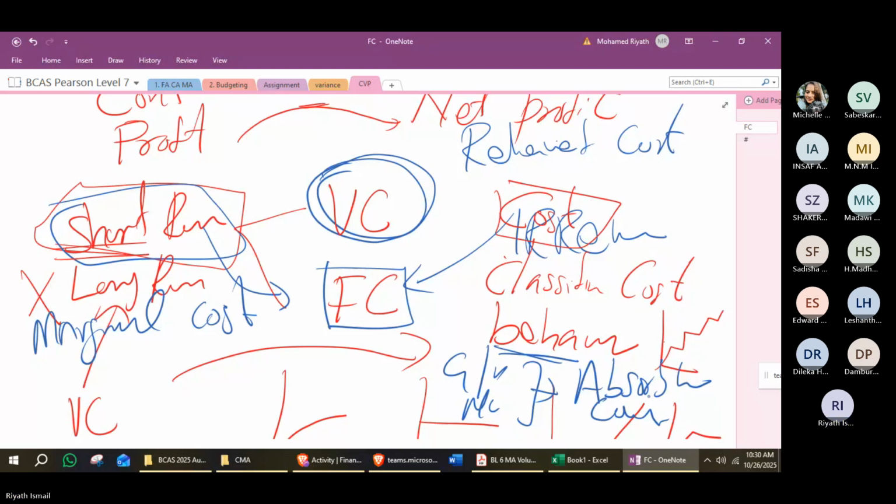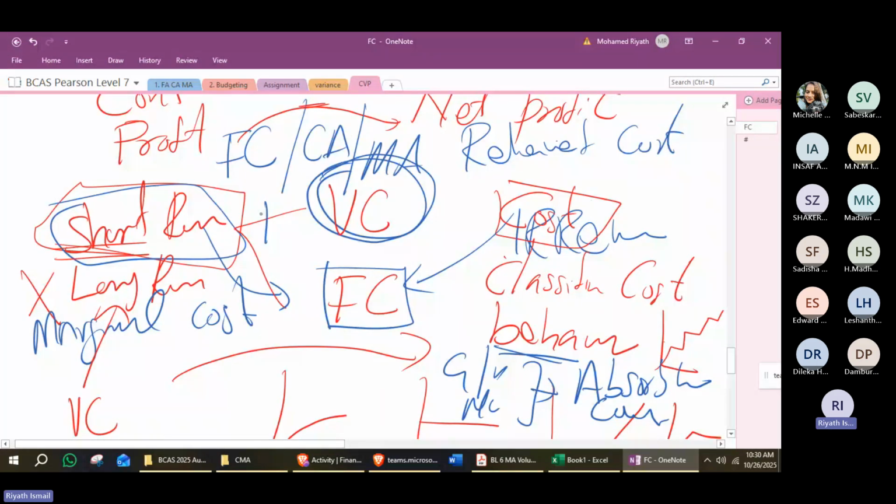That's why in the very first class, we discussed the differences between financial accounting, cost accounting, and management accounting. Budgeting, variance analysis, CVP analysis, and marginal costing come under management accounting.